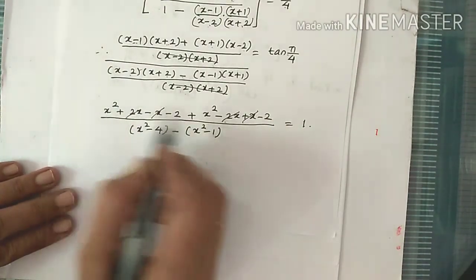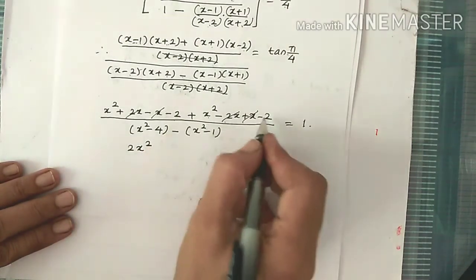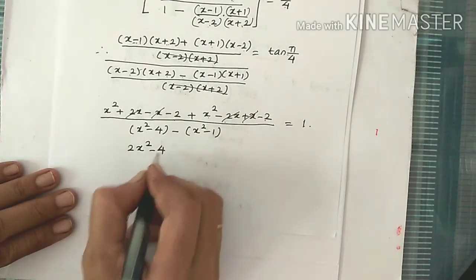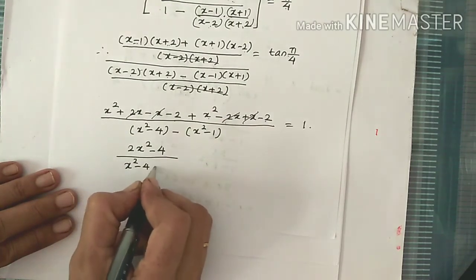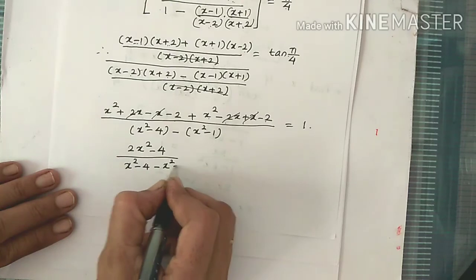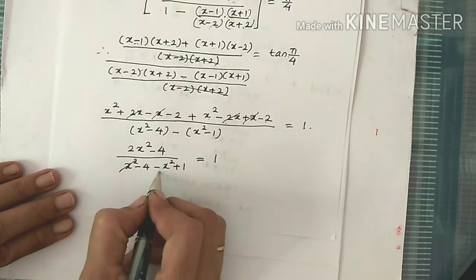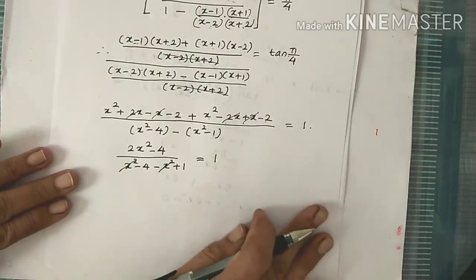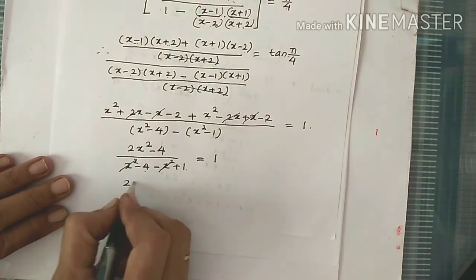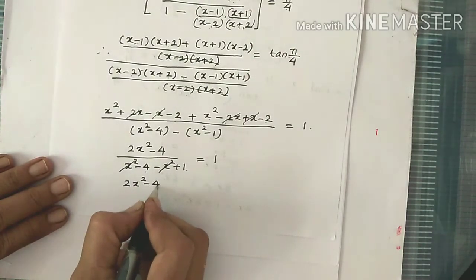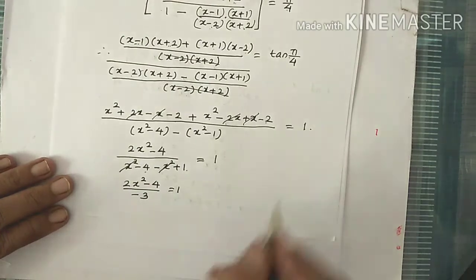So the remaining terms in the numerator are 2x square minus 2 minus 2, that is minus 4, divided by, here we have x square minus 4 minus x square, minus becomes plus 1. So here x square and minus x square get cancelled. So we have minus 4 plus 1, that is minus 3. So 2x square minus 4 upon minus 3 equals 1.